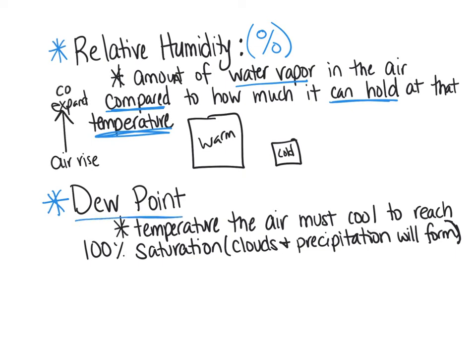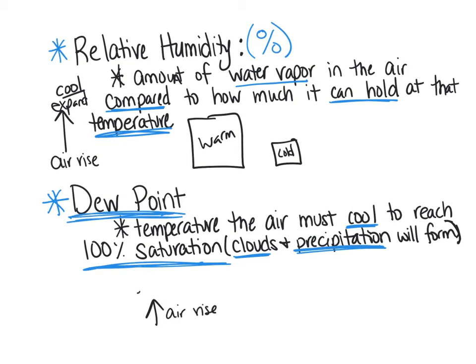The dew point temperature is the temperature that the air has to cool down to in order to get that saturation to 100%. When we have saturation at 100% or our relative humidity at 100%, then we will get the formation of clouds and precipitation.